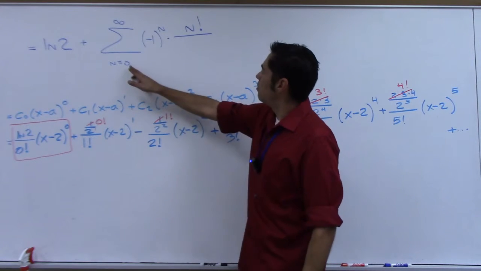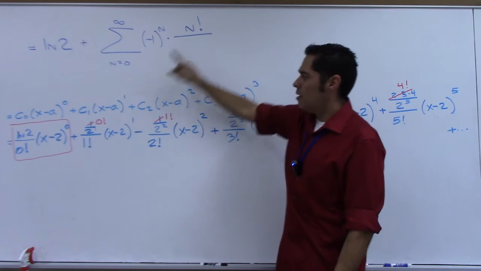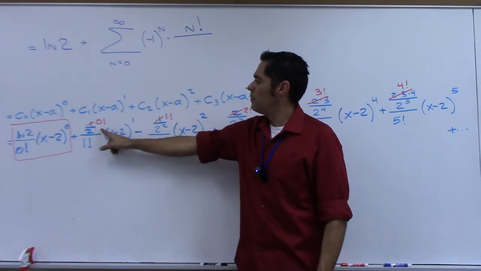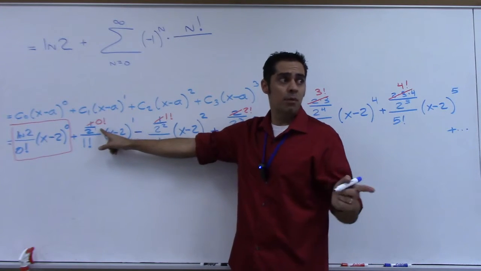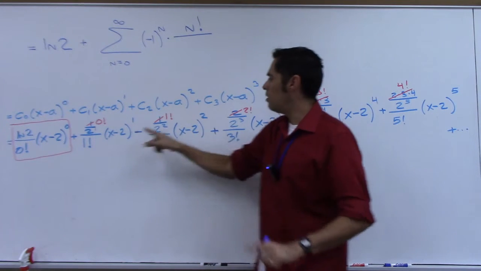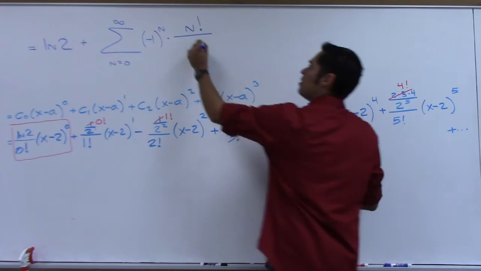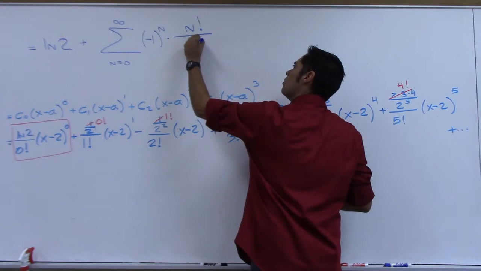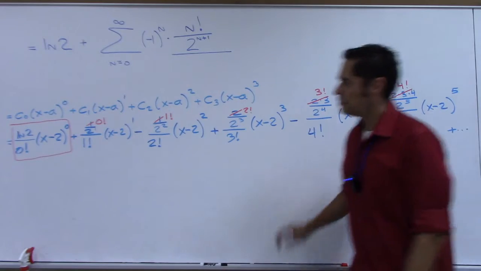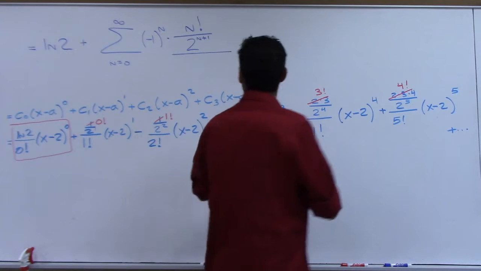Because look, if I start at 0, what's my first one going to be? Positive number, 0 factorial on the top, right? Over what? 2 to the n plus 1. Because look, you want 0 factorial, but you want 2 to the first power. Here you want 1 factorial, but you want 2 squared. Here 2 factorial, but you want 2 cubed. So this is over 2 to the n plus 1. But all of that is over what? 1 factorial, 2 factorial, 3 factorial, 4 factorial, so n plus 1 factorial.